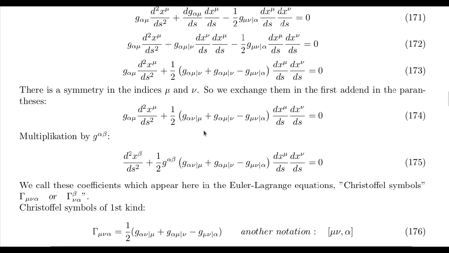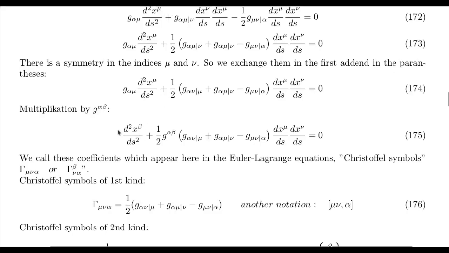And now we multiply by a contravariant metric tensor G alpha beta, so that we haven't got here a metric tensor in the first term.